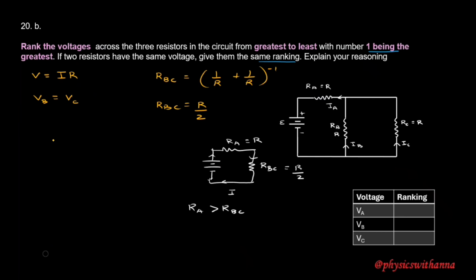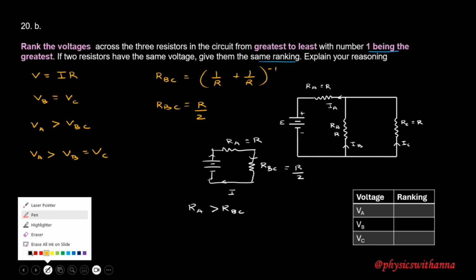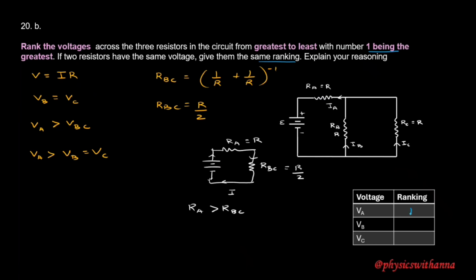So we can write that VA is greater than VBC, and voltage VBC is nothing but the voltage across resistors RB and RC since they are connected in parallel. So this gives you VA greater than VB, whereas VB and VC are equal. So we can rank them as VA is 1, VB 2, and VC 2.